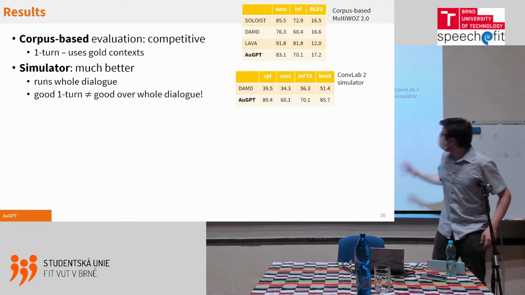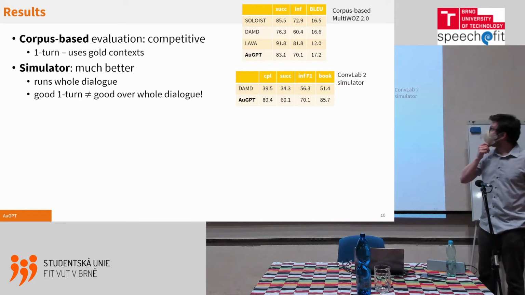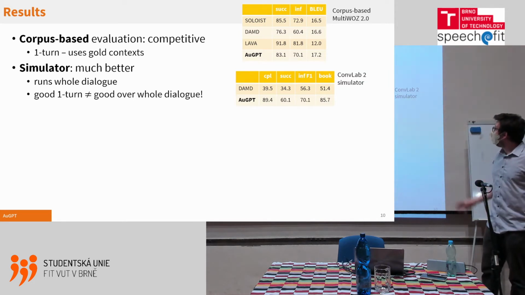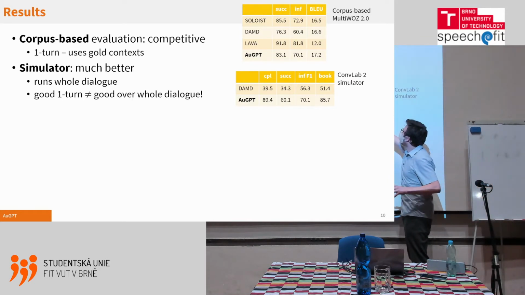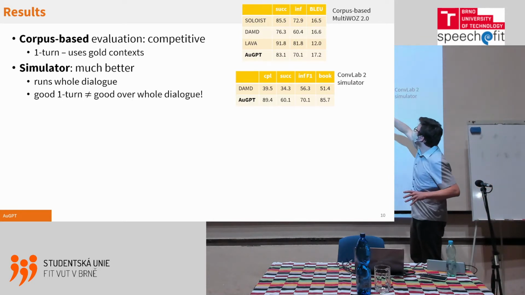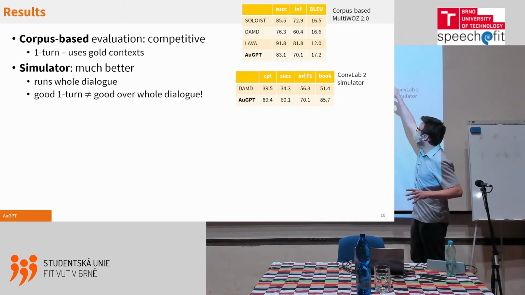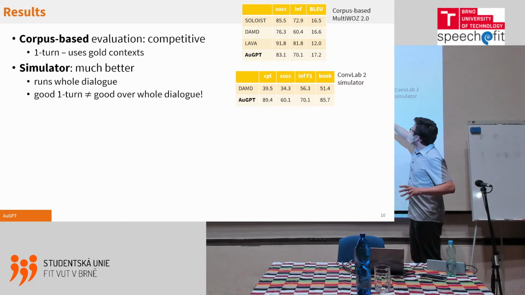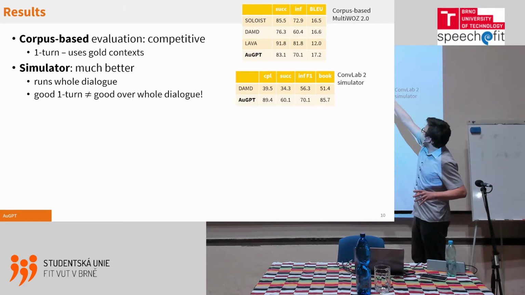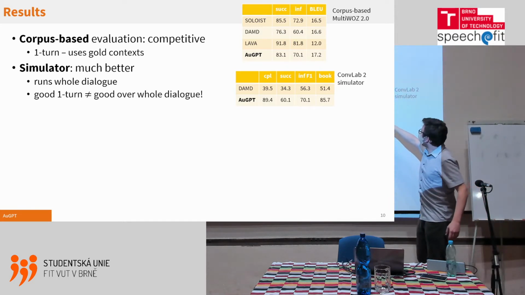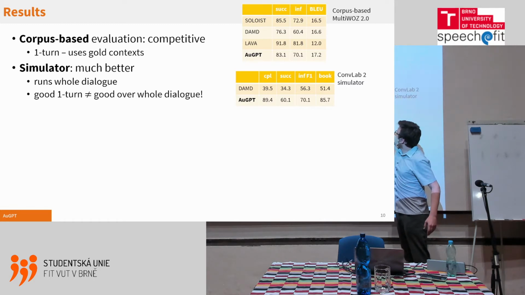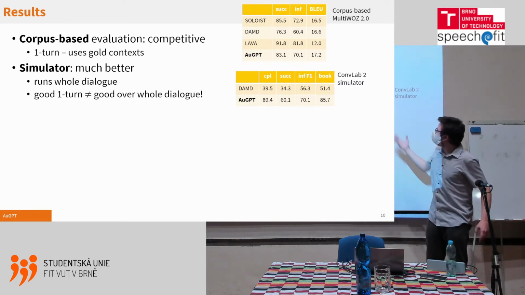If you run through whole dialogues using a user simulator, it actually works better than what we could compare with. A lot of those systems are not even evaluated on full dialogues. So if we compare to the one that was evaluated, the scores are relatively close, and here you can see that the success rate is basically half of ours.